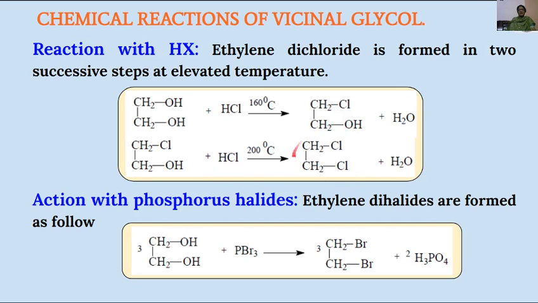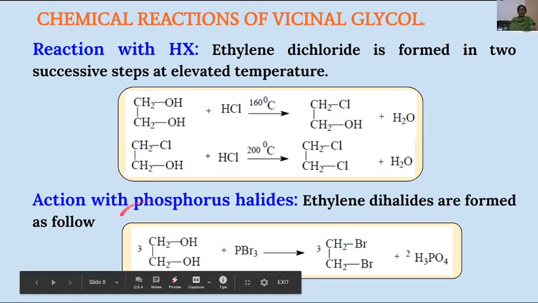So the monochlorohydrin is converted into ethylene dichloride. Next we have the action of ethylene glycol with phosphorus halides. If ethylene glycol is heated with phosphorus bromide, ethylene dibromide is formed as the product along with the formation of phosphoric acid.